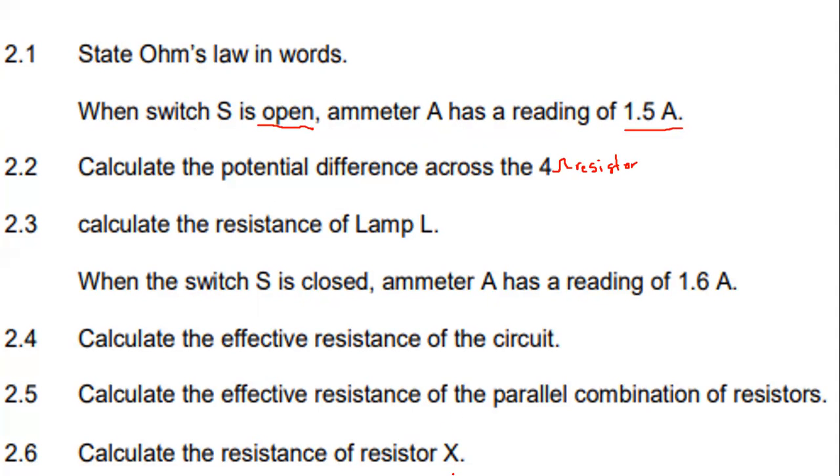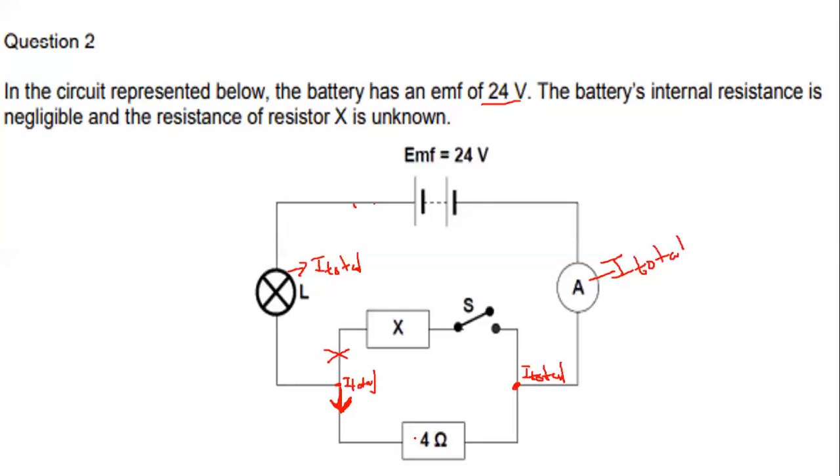Now, if I know that the current is 1,5 amperes, do you agree with me that because this pathway is not working, this is the total current?